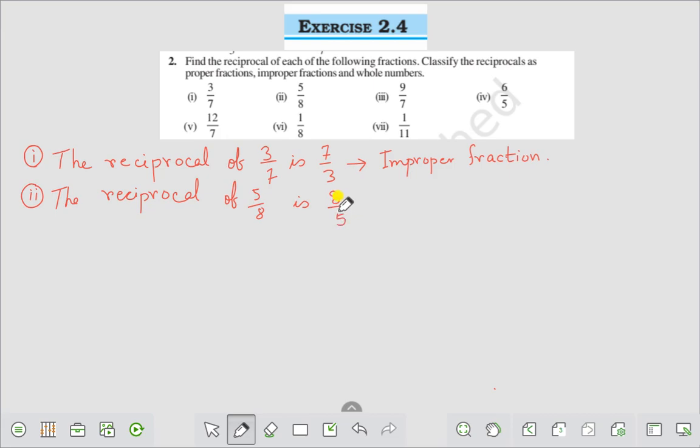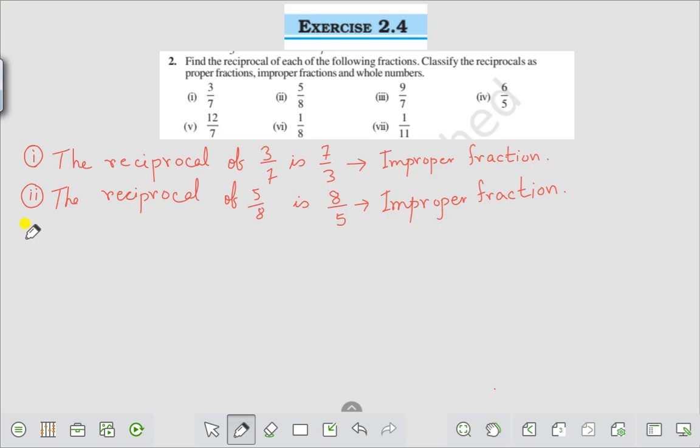Here you see the numerator is greater than the denominator, therefore it is an improper fraction.